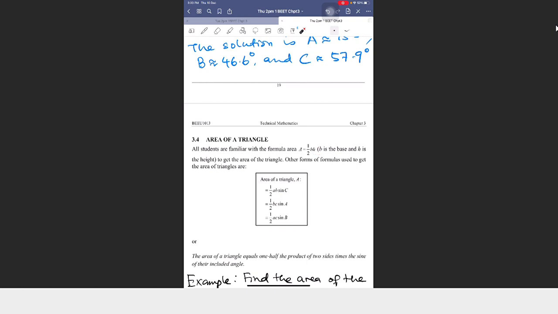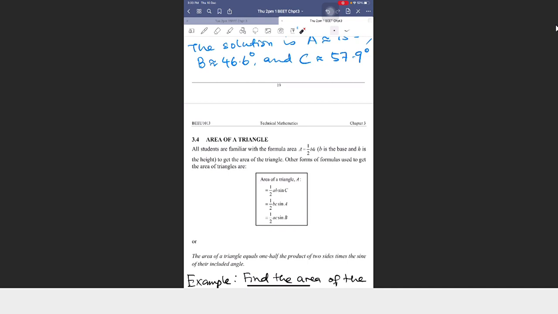Now that you have these two types of oblique triangles, namely SAS, side angle side, case 3, as well as side, side, side, case 4, all 3 sides, you actually have 2 more formulas for finding the area of those types of oblique triangles.